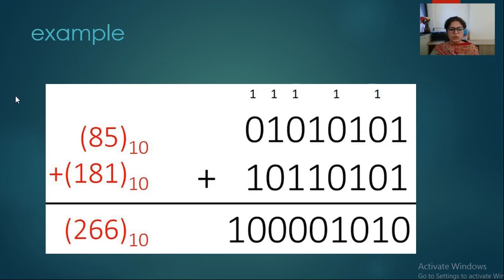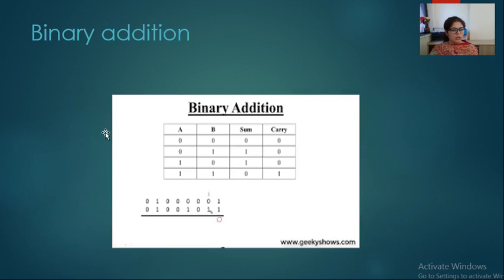How do we convert this number into a binary number? You can apply any of the conversion methods. You can also use BCD code directly, because we have two digits, 8 and 5.